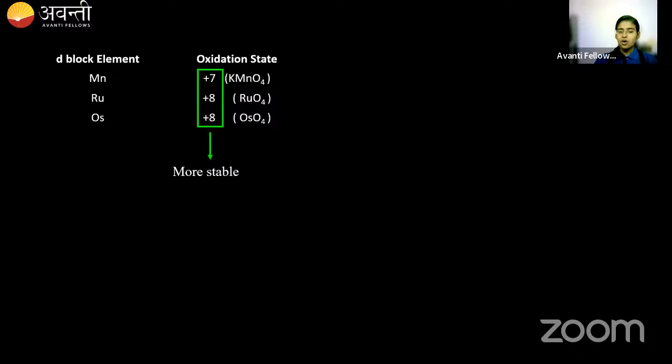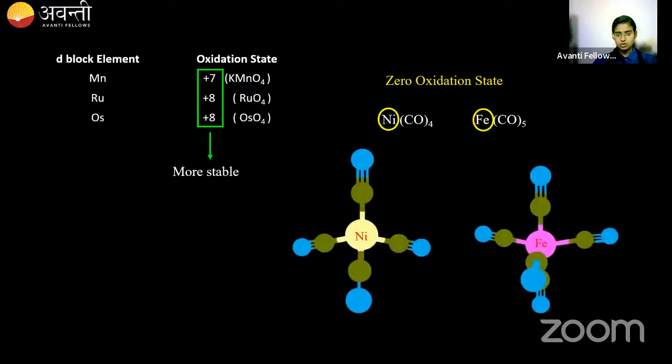We also have some elements which are stable in their zero oxidation state: nickel tetracarbonyl and iron pentacarbonyl. I will show you the structure also. Nickel tetracarbonyl has a tetrahedral structure, and iron pentacarbonyl is trigonal bipyramidal. Three CO will be in the trigonal plane, one above and the other below.